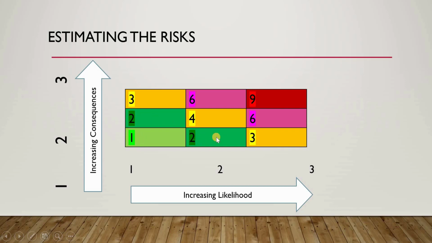On the second it's more than the first one, and on the yellow spot it's more than the second one, and the 6 and 9 are higher than the rest. So we can say that here the risk is more than this location, and here the risk is more than this location. The 4 has more risk than the first one.